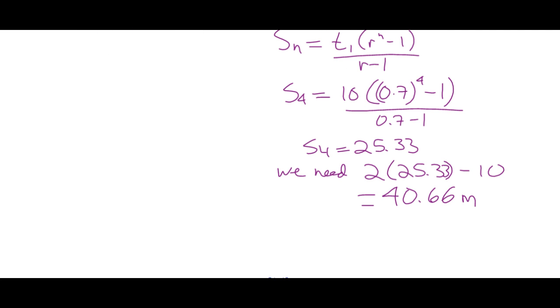We figured out the distance of 4 terms, starting at 10, with a common ratio of 0.7. We have to double it because there's the up and the down, and then subtract 10 because we never did the initial up 10. It just started at 10 meters high.